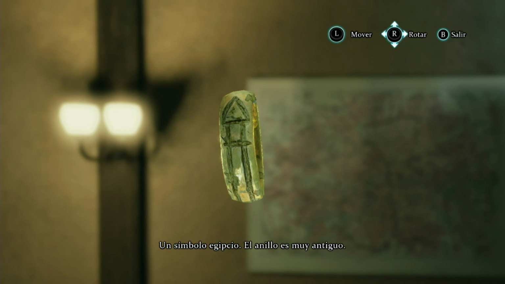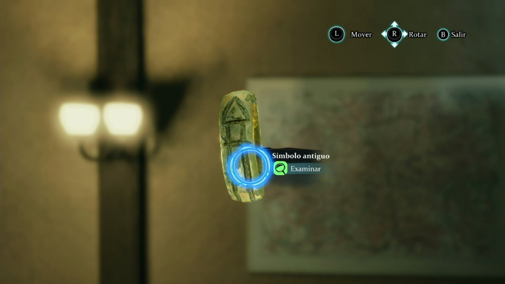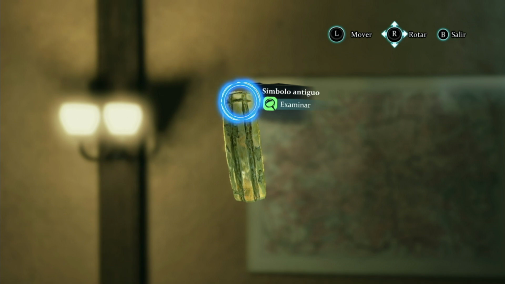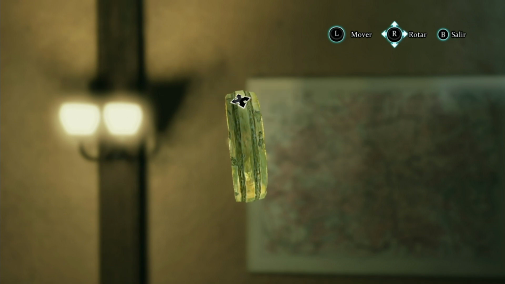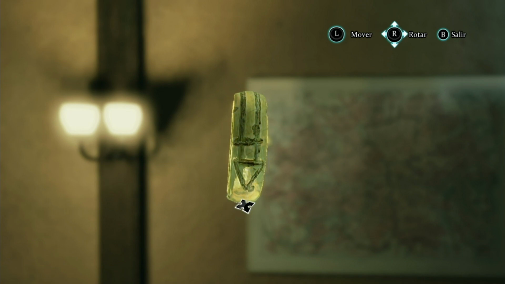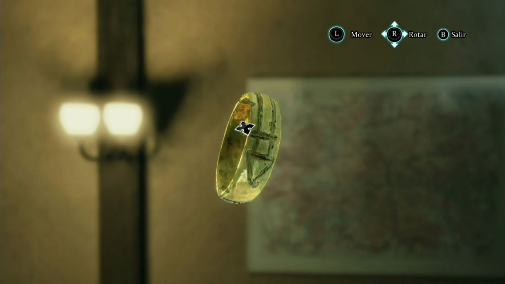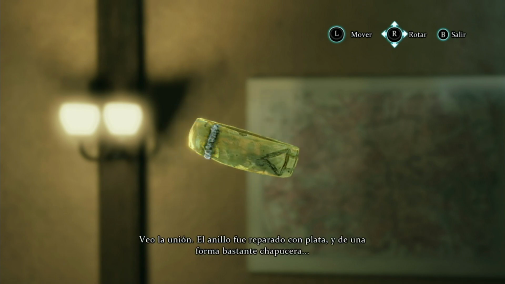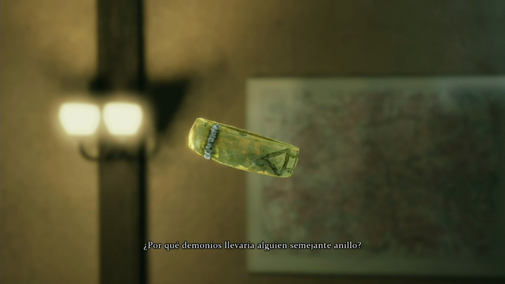It is a very old jewel. I see the join. This ring was repaired, and quite badly too, with silver. Why on earth would they wear such a ring? A very pertinent question.